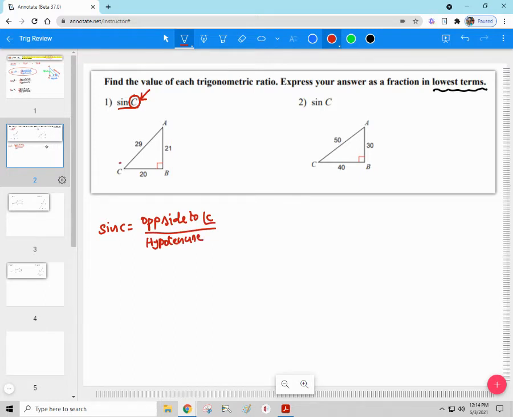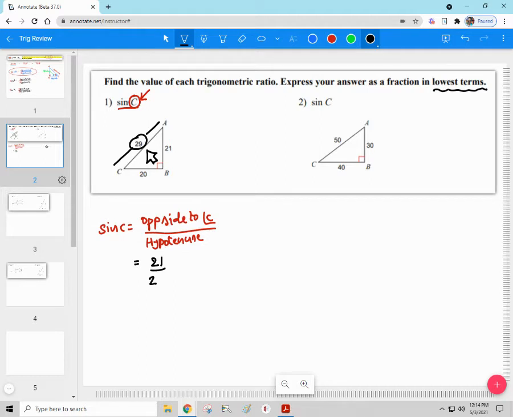I see that angle C is here, then the opposite side is 21 units, over the hypotenuse. You know that the side opposite to 90 degrees is called the hypotenuse. Therefore, it is 29.